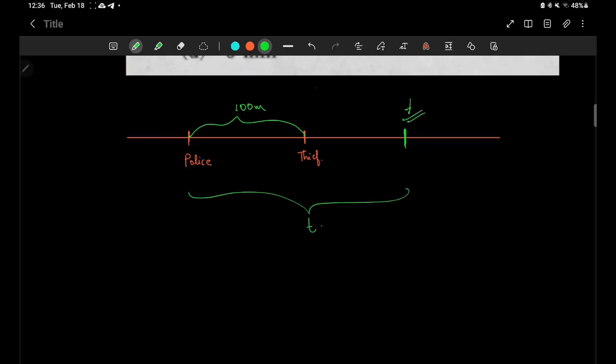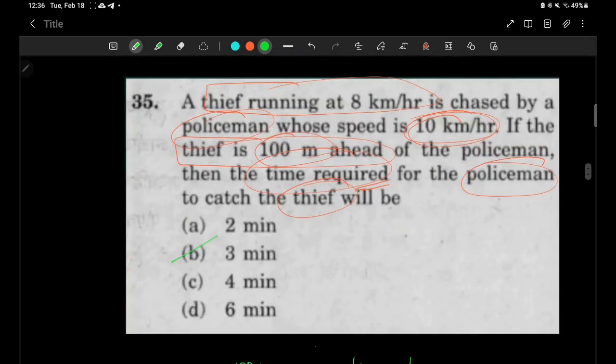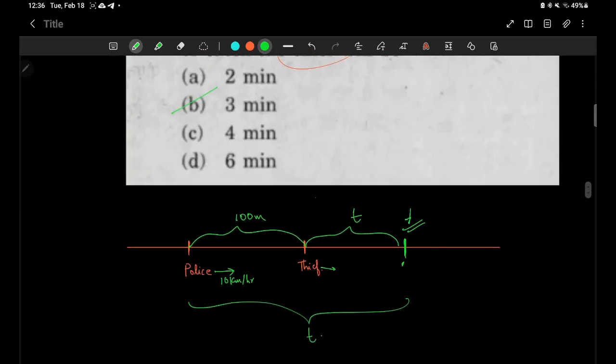Now whatever time taken by the police to reach this point will be the same time the thief will take to reach this point, right? Since the police is traveling at how much speed? 10 km per hour. In this question you can see policeman 10 km per hour, thief is 8 km per hour.